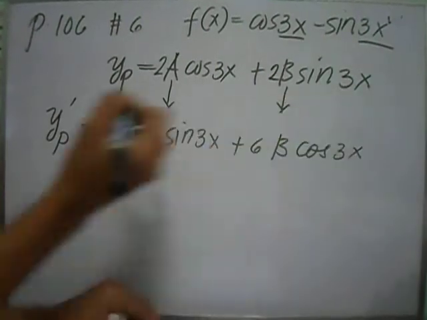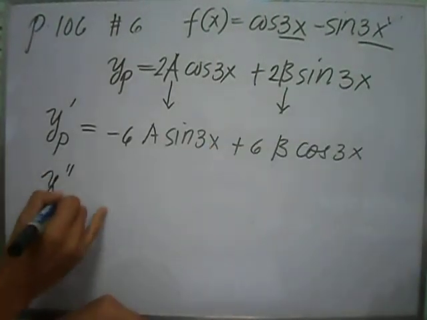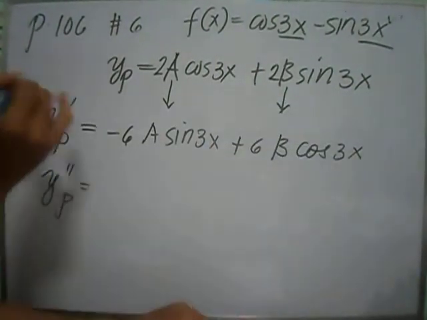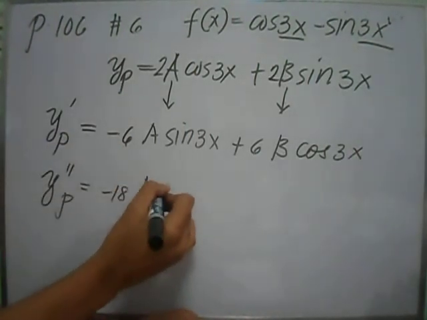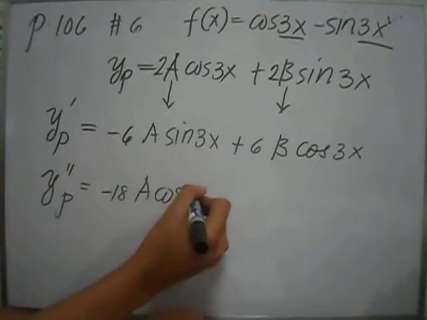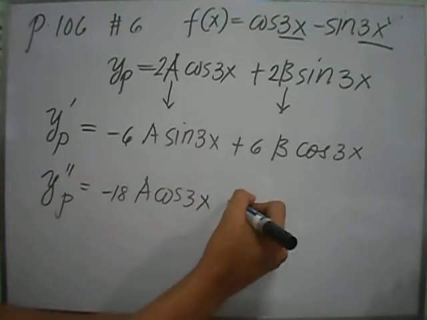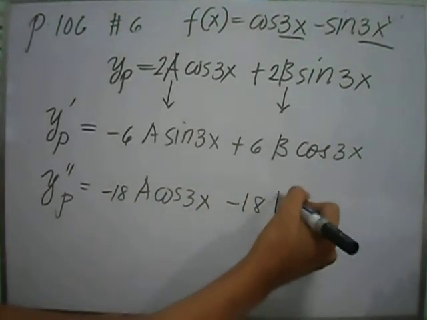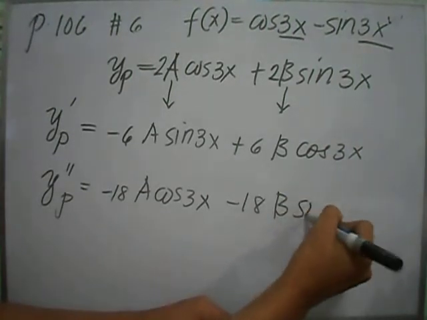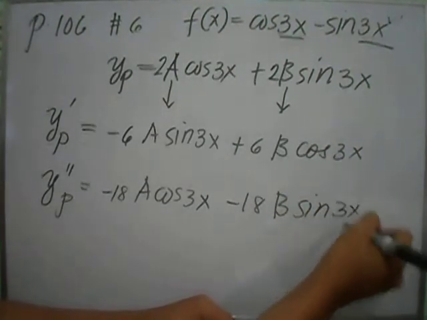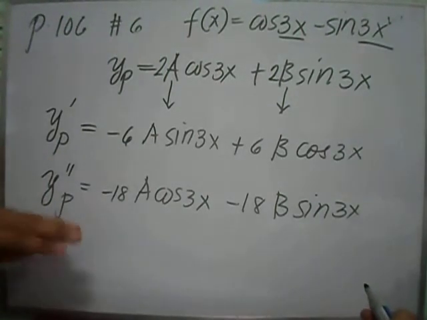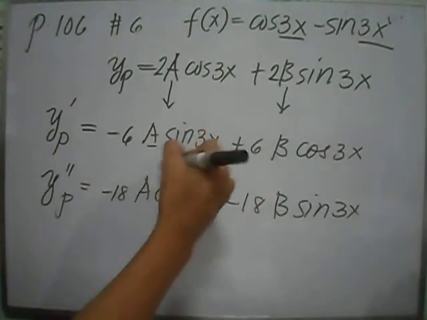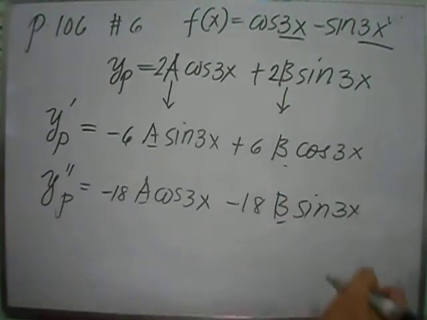And then the second derivative will be equal to minus 9a cosine 3x minus 9b sine 3x. Okay, and then we'll substitute these into the original equation and solve for a and b, which are our coefficients.